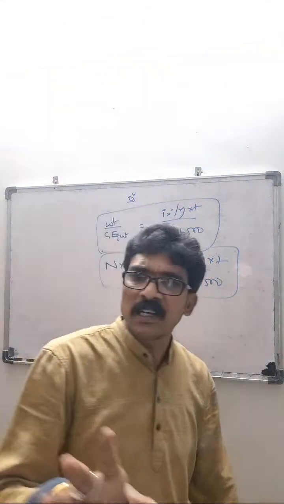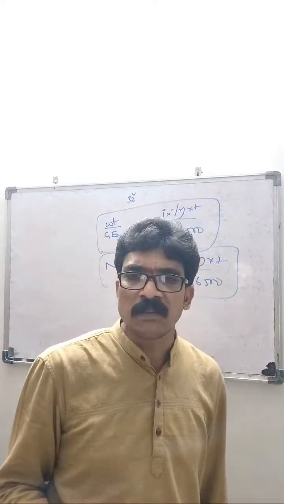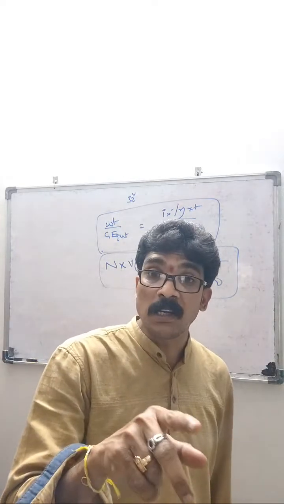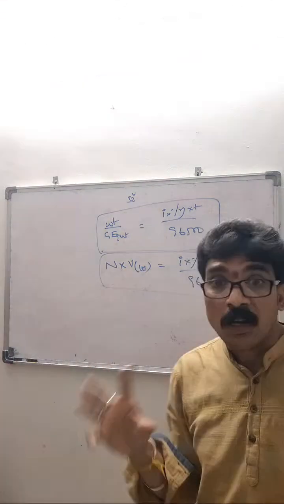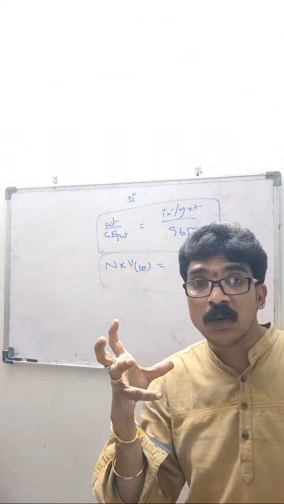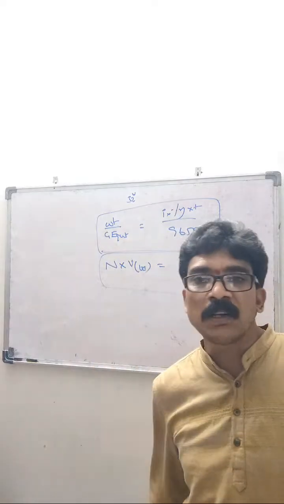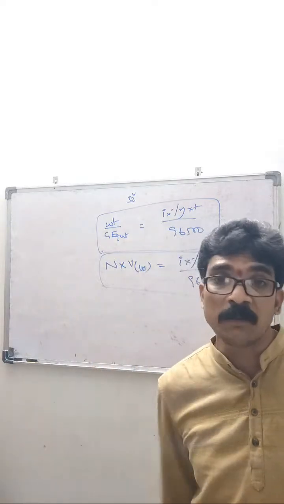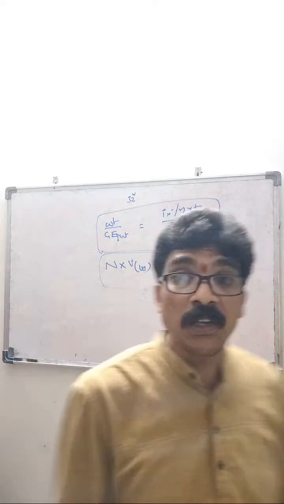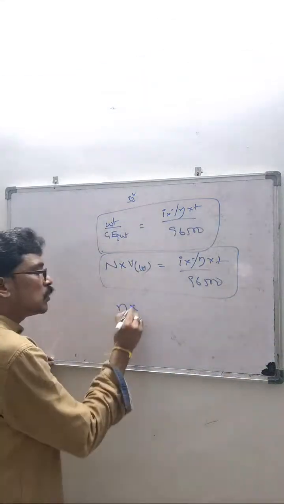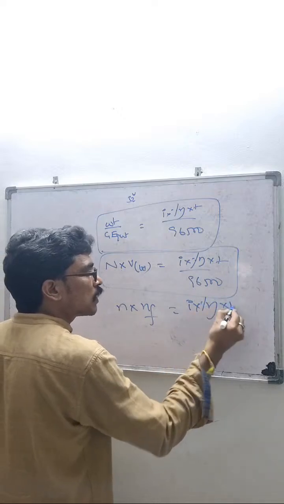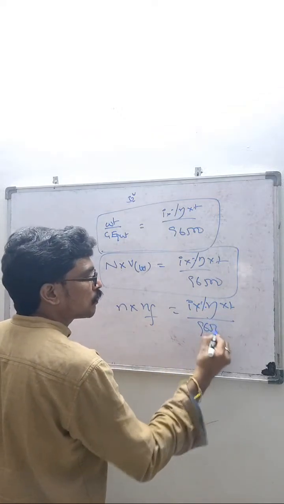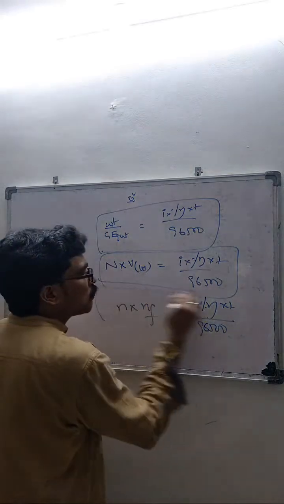The problem may not be given in terms of weight and equivalent weight. The problem may be given in terms of normality and volume. Because we know the number of gram equivalents is equal to weight by gram equivalent weight, or normality into volume in liter, or moles into N factor, is equal to I into percentage of efficiency into time by 96,500. Yes, this is one more formula.